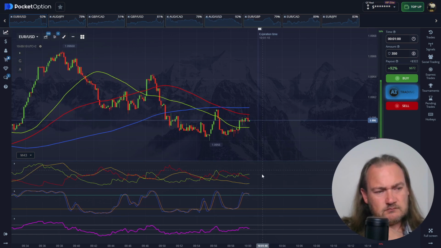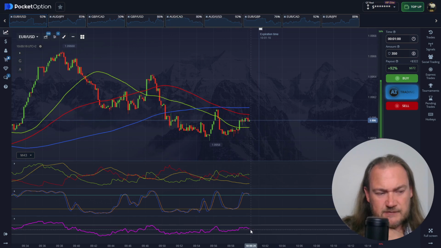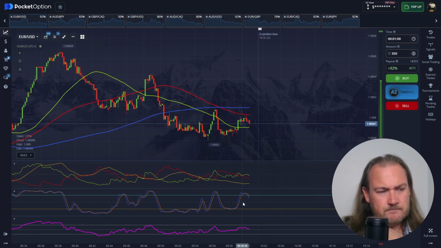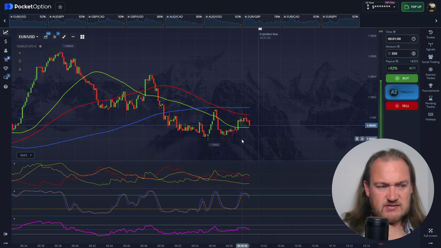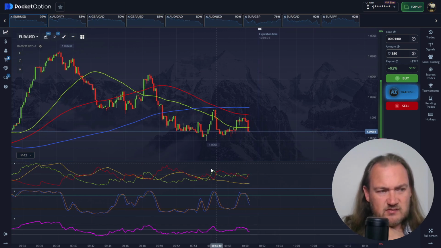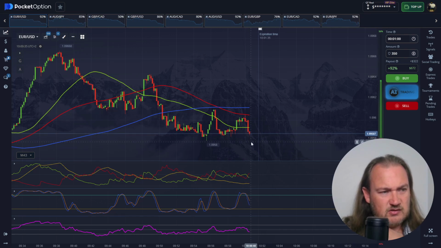So we are definitely not going to be looking at the RSI at the moment for the RSI strategy, because we only apply that in a strong trending market. We can look for some divergence, and the other thing we can look for are the ADX spikes. But until the trend starts picking up again properly, we're not going to look for RSI trades.